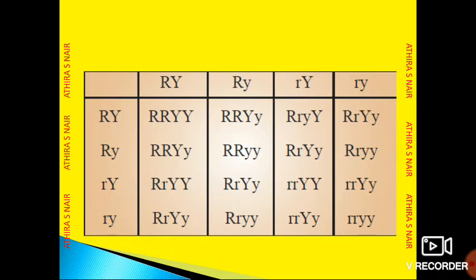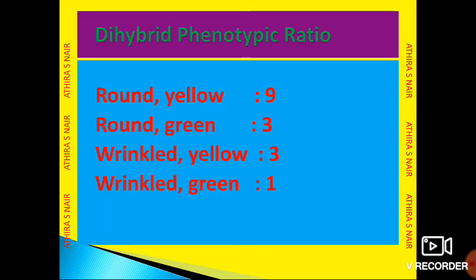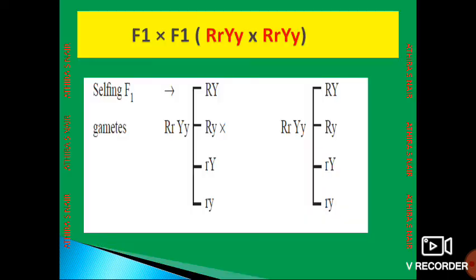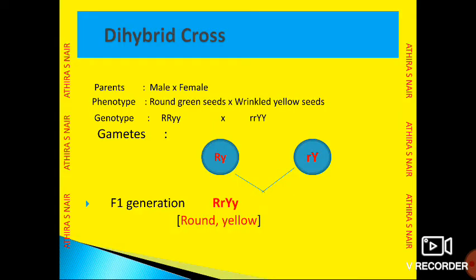When we count, we will get this ratio. Here the parents, round green plants, were crossed with wrinkled yellow. In the F1 generation, all the plants were round yellow.